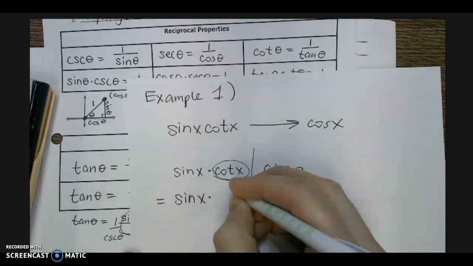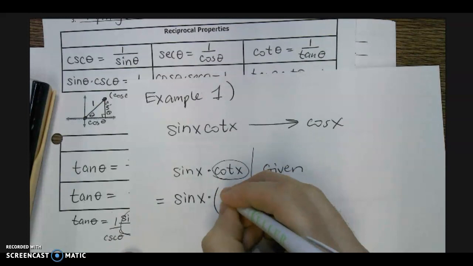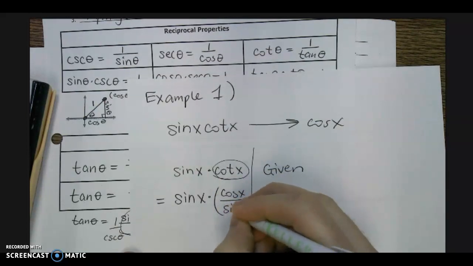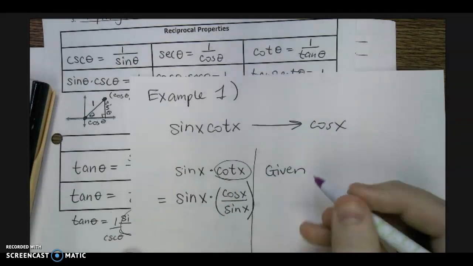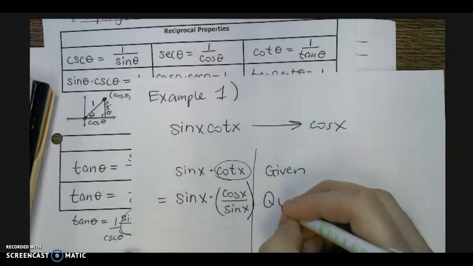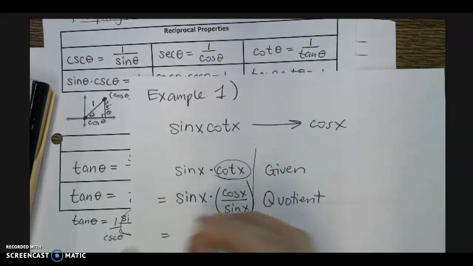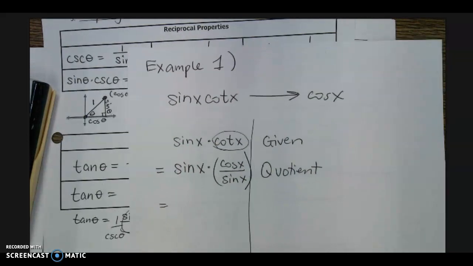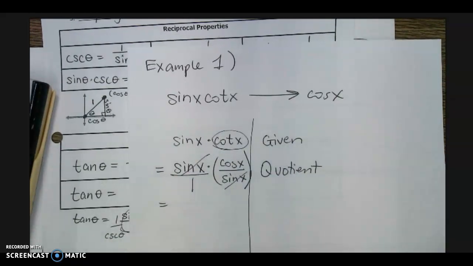Now you go vertically. Every time you make a change, do it beneath the first statement. Don't go horizontally. So what I just did was I used a quotient property. Then we use some algebra. I have sine over 1 times cosine over sine, and my sines cancel.